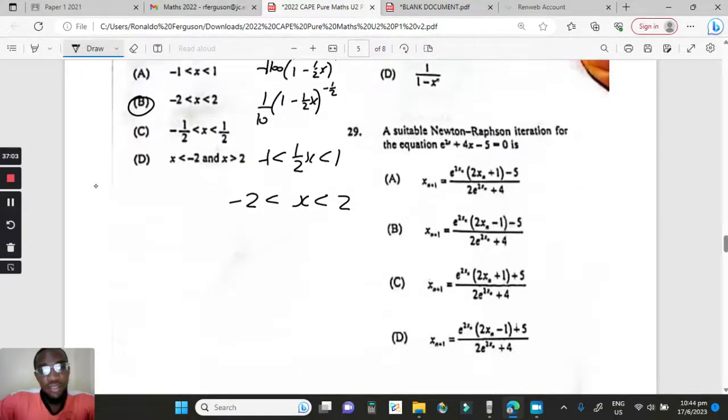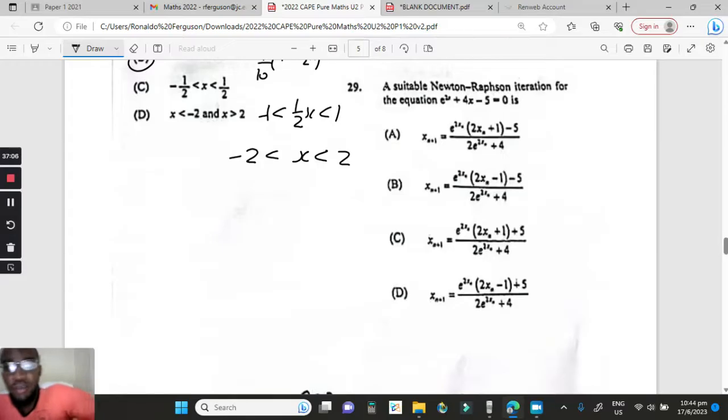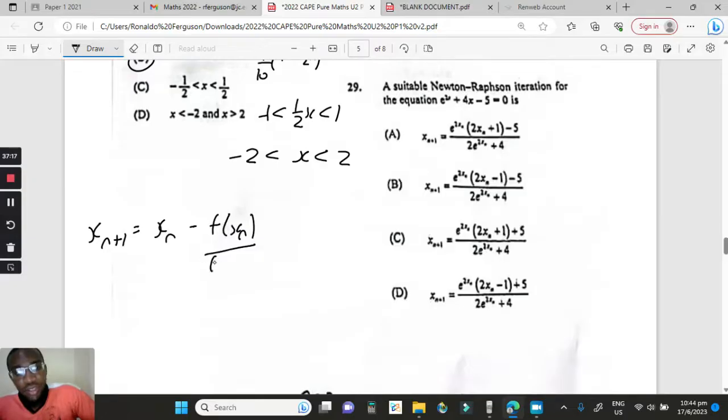Alright, we did those. Number 29, I know this is a repeat, but I can't remember, so we're going to work it again. x n plus 1, remember, is xn minus f of xn over f prime of xn. So we use x minus e to the 2x plus 4x minus 5 over the derivative 2e to the 2x plus 4.